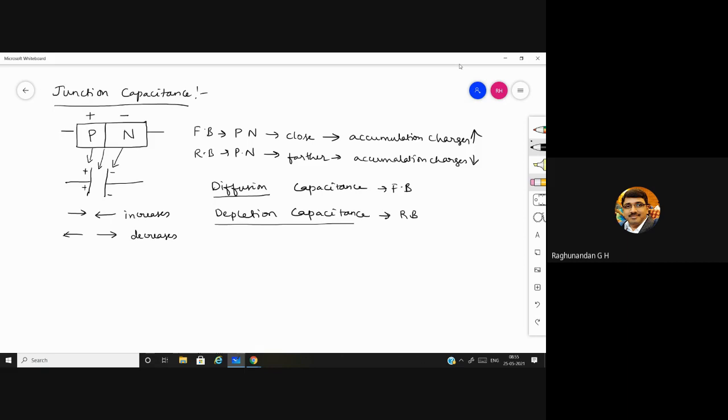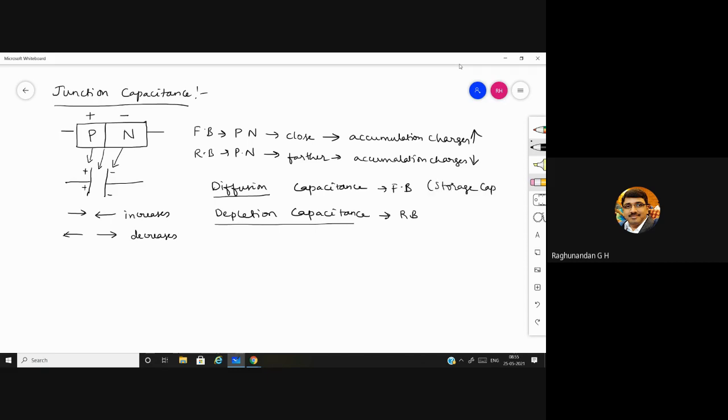Depletion capacitance is the capacitive behavior exhibited by the PN junction under reverse bias condition. This diffusion capacitance is also known as the storage capacitance.